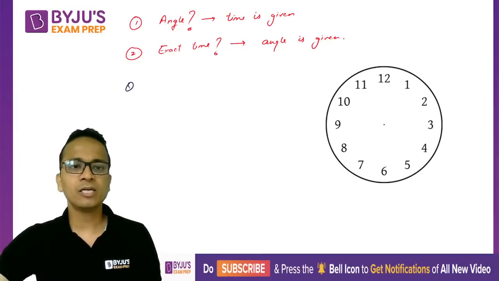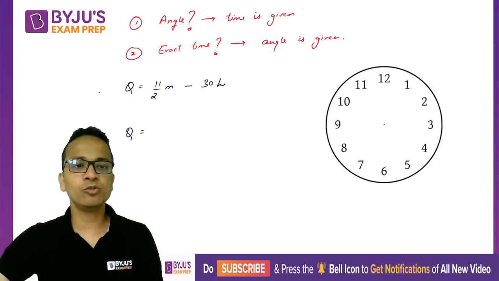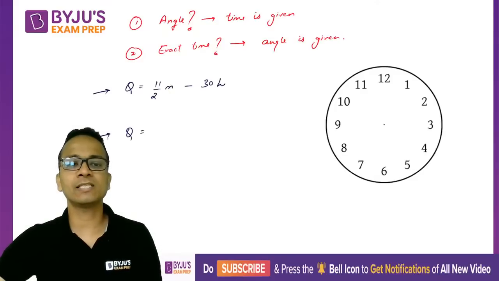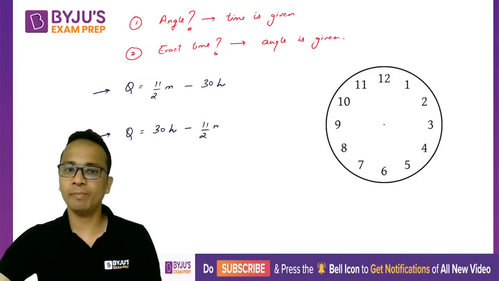So the formula is theta equals 11 by 2 m minus 30h. And the second formula is theta equals 30h minus 11 by 2 m.